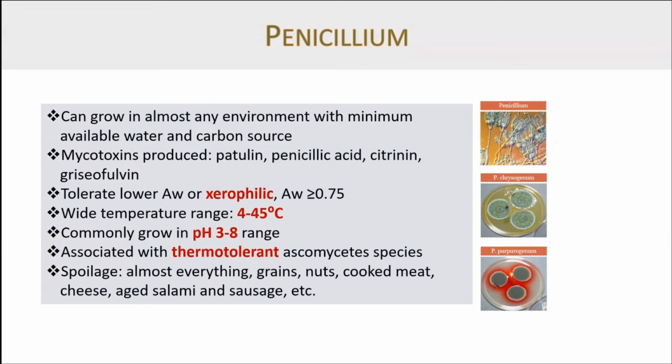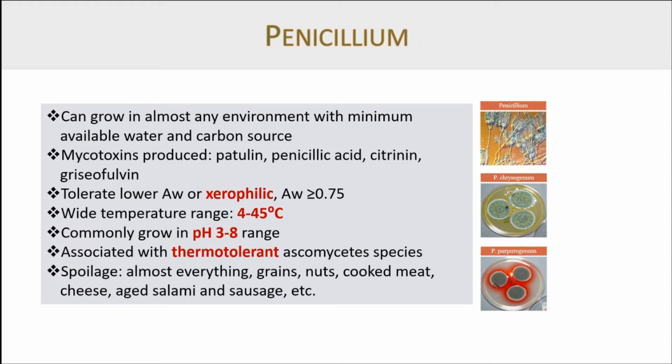Penicillium can grow in almost any environment with minimum available water and carbon source. Some of them may produce mycotoxin. They can tolerate low water activity. Some of them are xerophilic, and the temperature range is pretty wide as well, from refrigerator to thermophilic conditions, and the pH range is really wide.